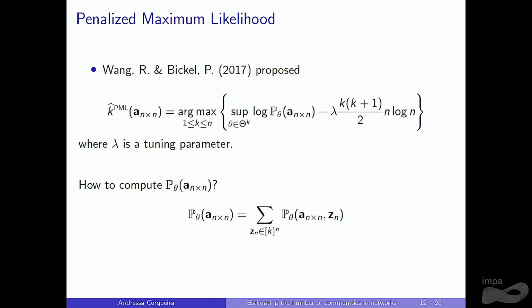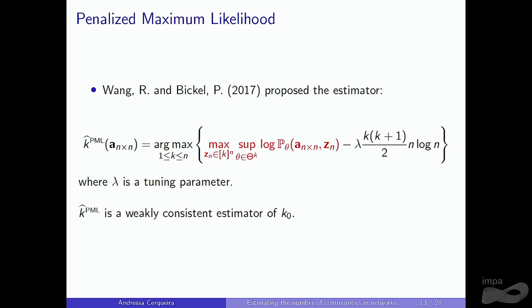But in this work, what they propose is to replace the maximum likelihood by what we call the maximum profile likelihood. So they look at the complete likelihood, which is the expression I showed at the beginning of this presentation. And this quantity now depends on the communities.